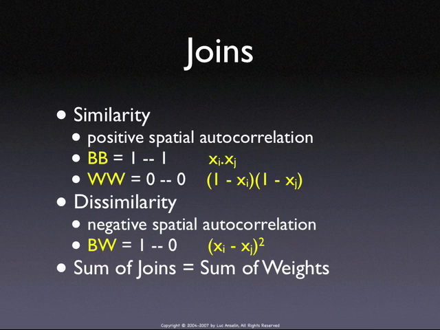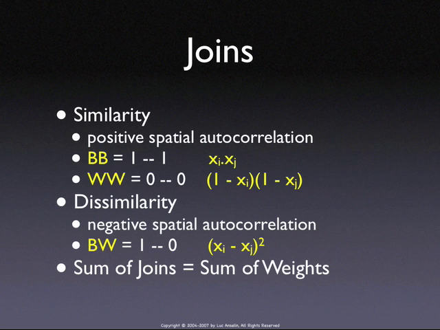Now, we don't have red and blue, we have 1 and 0. How do we turn the 1 and 0 into something that gets counted? We just have to make sure that it's not 0. We have to make sure that it's 1. And then the 1s get counted for those cases where w_ij is not 0, which in other words is for the neighbors. The BB situation, we have two 1s.